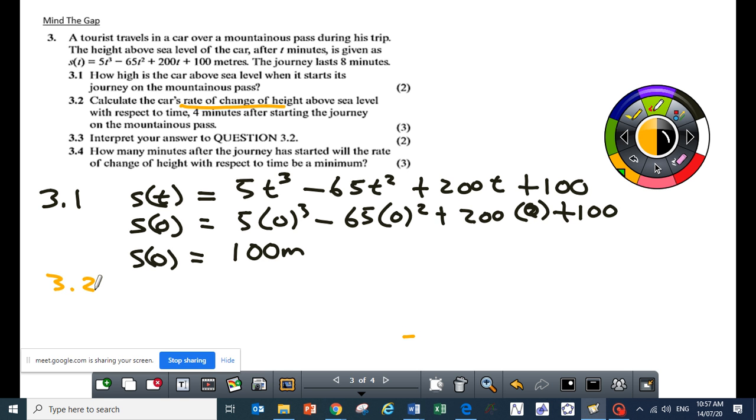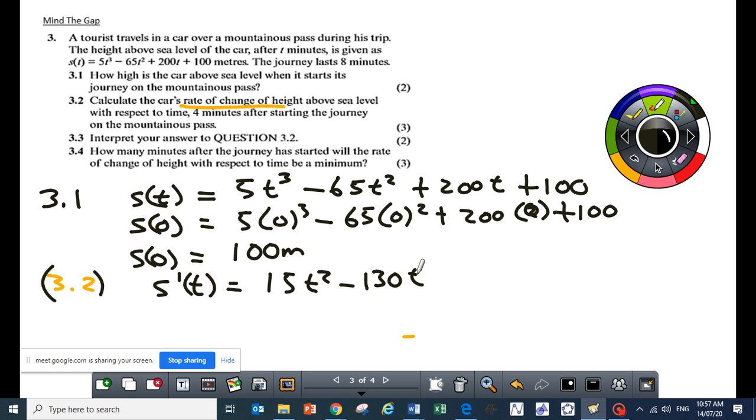3.2. That first derivative will be s prime of t is equal to 15t squared minus 130t plus 200. That's the first derivative. So we need to determine the rate at which the height is going to change.